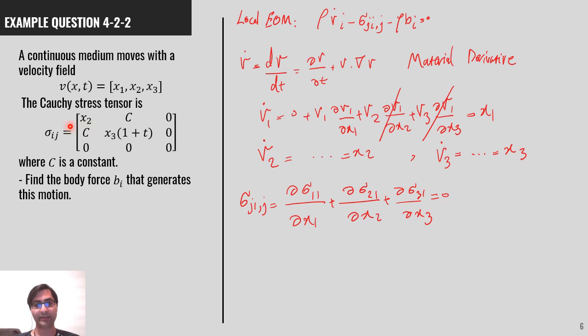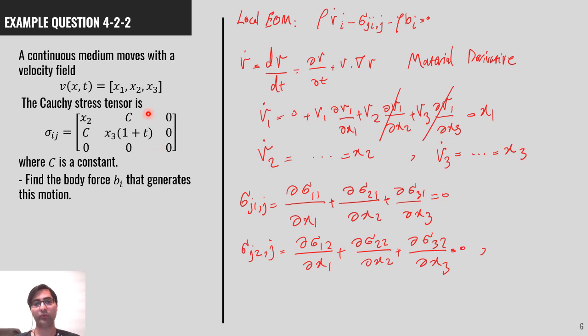And you see that sigma 1 1 is not a function of x1, sigma 2 1 is not a function of x2, and sigma 3 1 is not a function of x3, so that becomes 0. The same for i equal to 2, it becomes 0, and also for i equal to 3, all of the elements are 0, so the divergence is 0 as well.